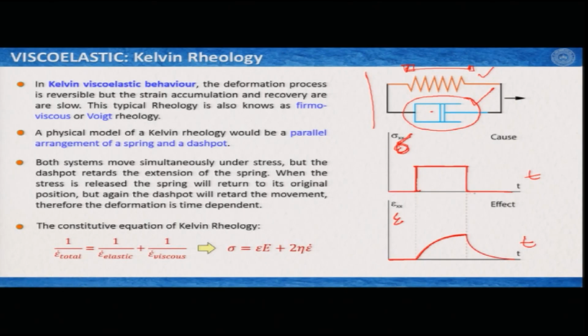And once we release the stress, again the recovery is non-linear and time dependent. So, it comes back to its original position in an asymptotic manner, and this slow release of strain is known as viscous relaxation.